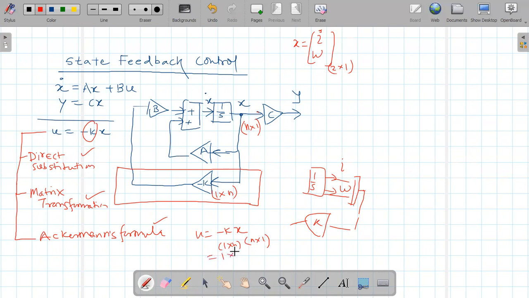So we get 1 by 1. Answer is 1. Suppose we get one input here, which is given to P. Okay. म्हणजे जेवढ्या x च्या टर्म्स राहतील, जेवढे x चे स्टेट व्हेरिएबल्स राहतील, तेवढ्या तुमचे K चे व्हॅल्यूज पाहिजे इथे. अशा 1 by 2 बरोबर ना. So that you can multiply and you can get answer as 1 by 1.